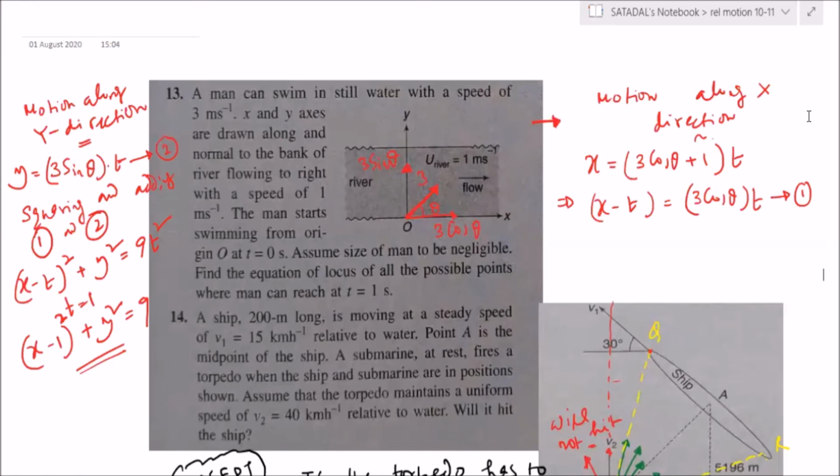I was watching the interview of the IIT Delhi director a few days back, and he clearly mentioned that IIT JEE is not a selection test, it's a rejection test. He said that if we keep on doing like this, then how will we be able to select 10,000 students out of 10 lakh students.